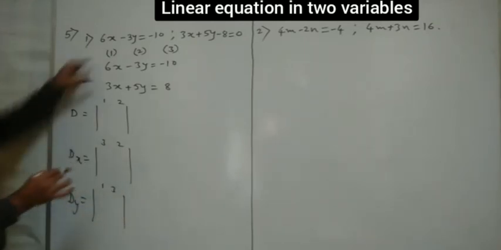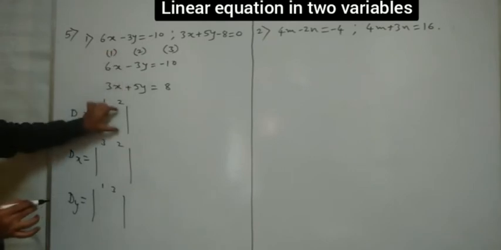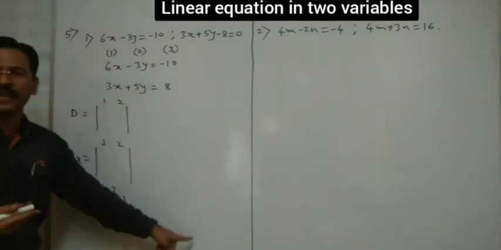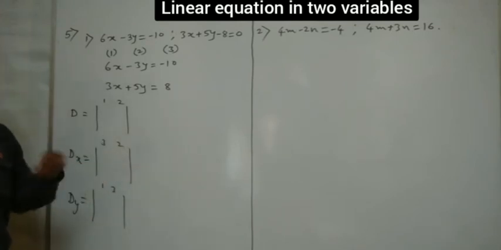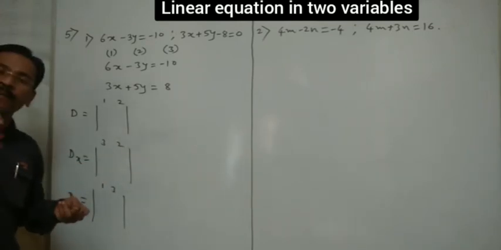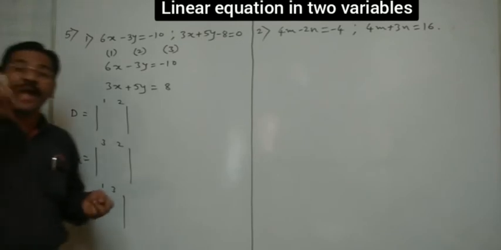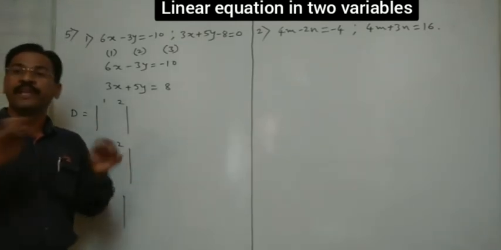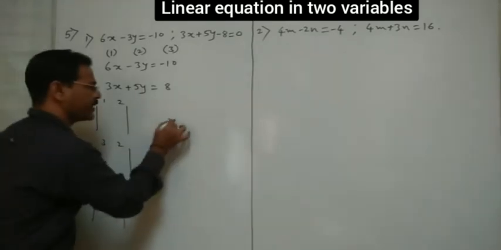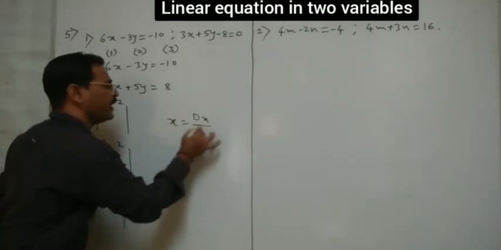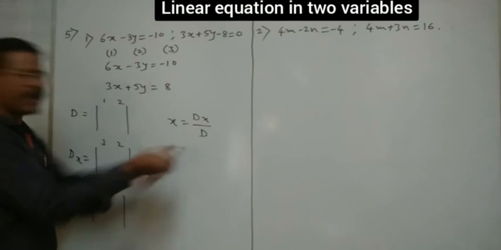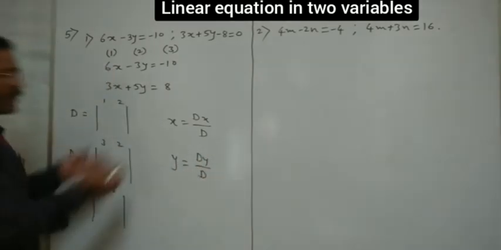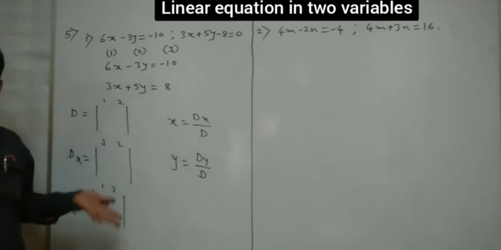Okay, and just write here 6, 3, minus 3, 5, and go with the previous sum, go with cross, we'll get D. After getting D, Dx and Dy, by applying Cramer's rule, what is Cramer's rule? x is equal to Dx upon D, and y is equal to Dy upon D. Put the values and we can get the values of x and y.